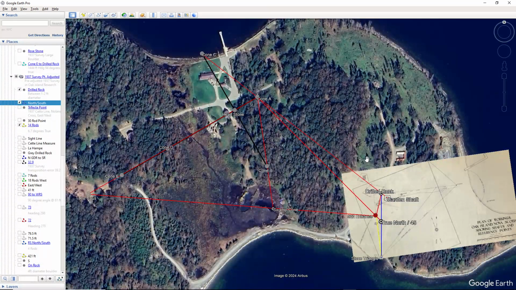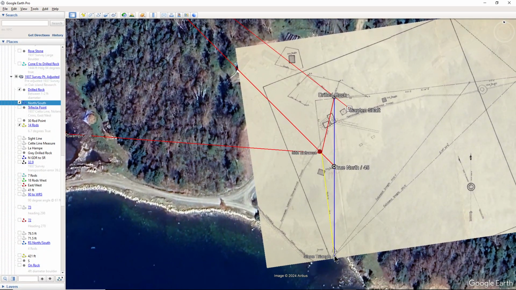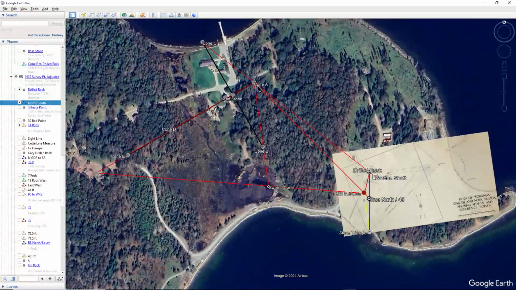And the reason is because this geometry that has come through in the vault theory comes from those documents. And one of the things you can find in the vault theory is the entrance, which we call the 522 entrance. It's an entrance to a tunnel, and it is associated with the stone triangle and the drilled rock and the 45 that comes from cone A, which seems to be the primary interest of the swamp cone.